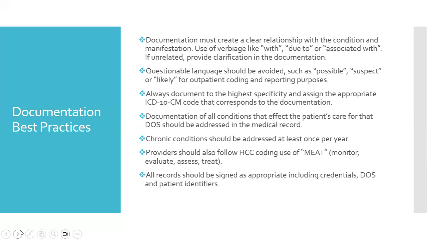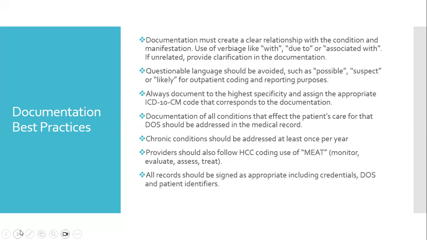They may be seen every 6 months, every 3 months, or if it's more serious, they may be brought back within a few weeks if a new medication is introduced or a change in dosage is introduced. So we need to make sure that these chronic conditions are being addressed at least once per year.